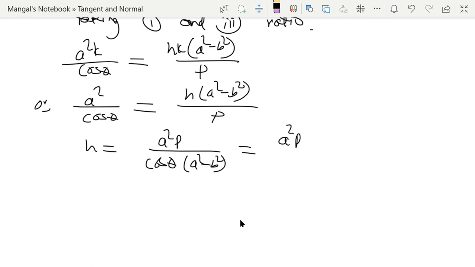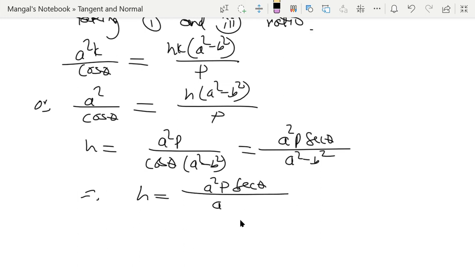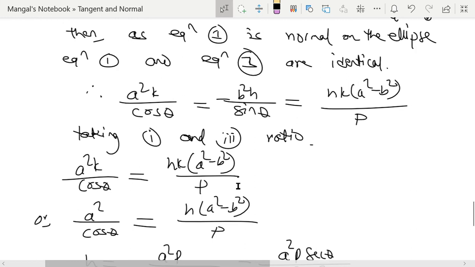So we get the value of h equal to a square p sec theta divided by a square minus b square. So the value of h has been obtained.